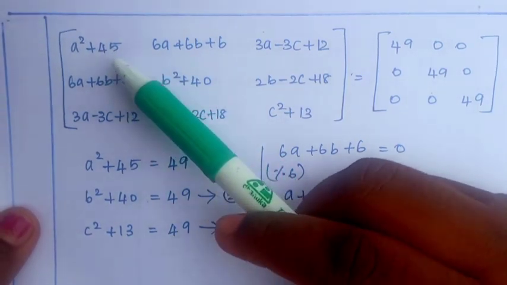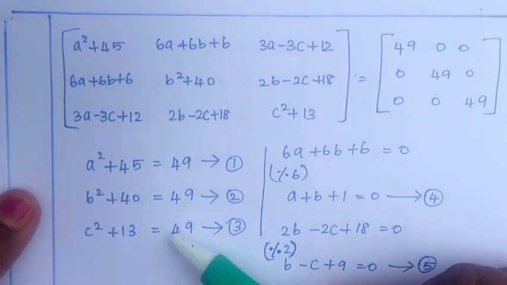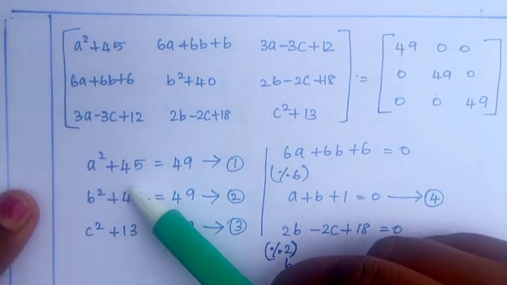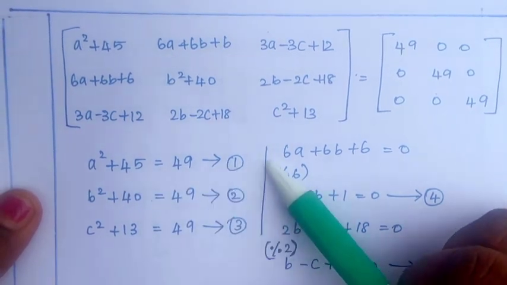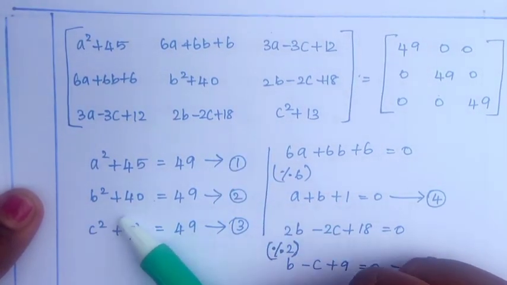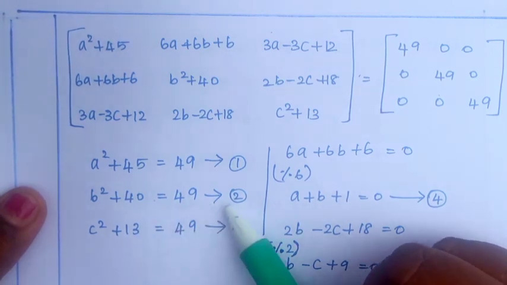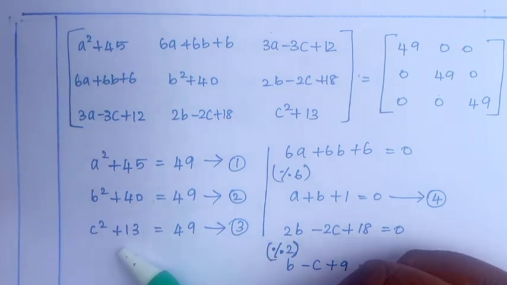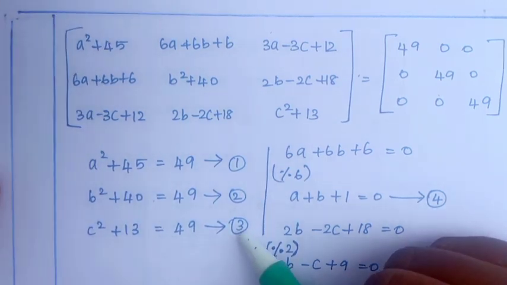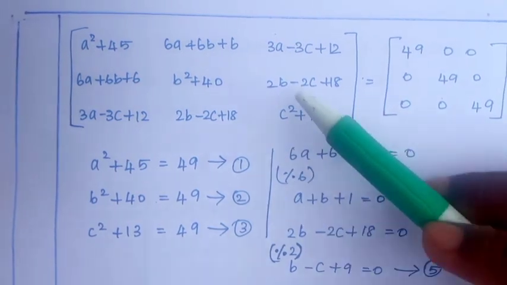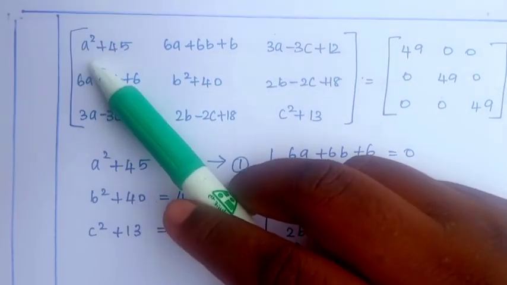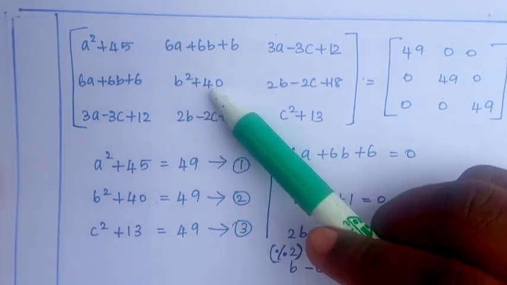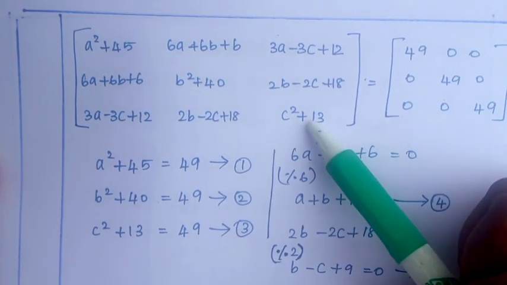And next we have to substitute these, multiply it and add it. So we get A square plus 45 is equal to 49. This is the first equation. Then B square plus 40 is equal to 49, the second equation. C square plus 13 is equal to 49, the third.